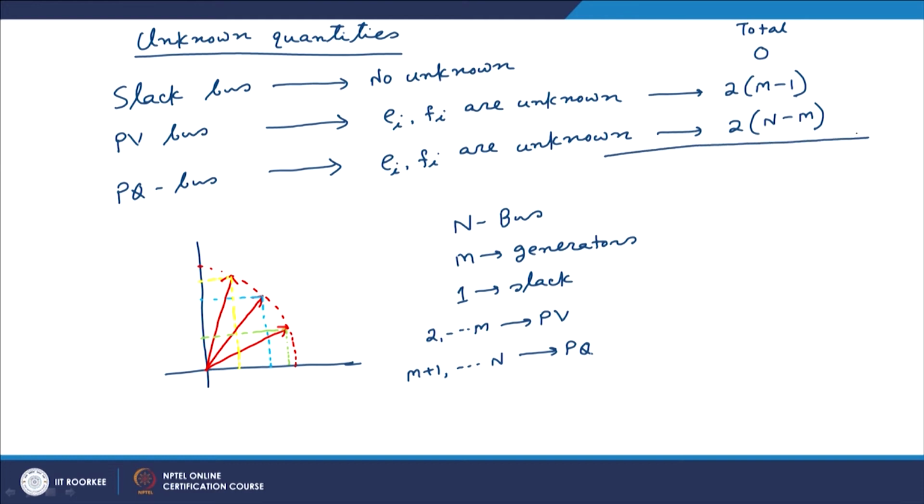So, my grand total is 2n minus 2, that is 2 into n minus 1.